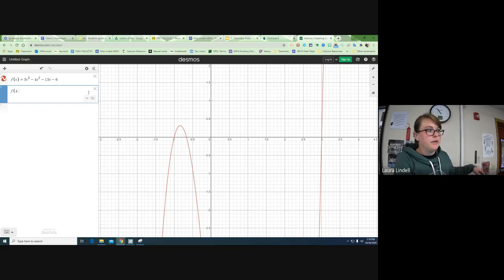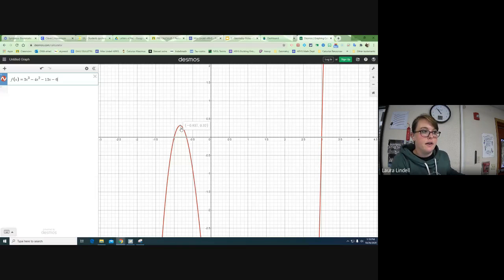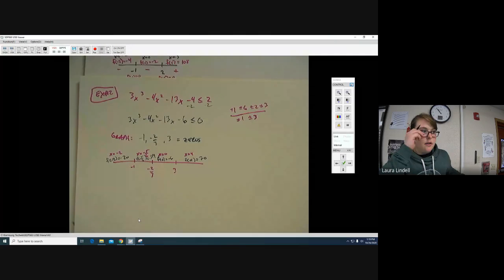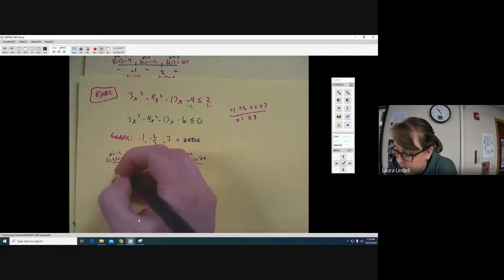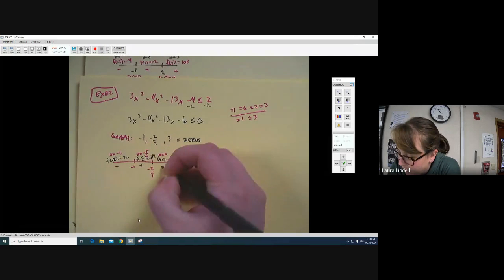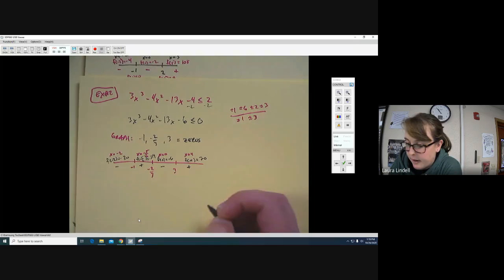So however you want to do it, you can, or you can just notice in here that, again, it's positive in this interval, it's negative in this interval, it's positive again, that sort of thing. Either way, we note that this is negative, then it goes positive, then it goes negative, and then it goes positive again.